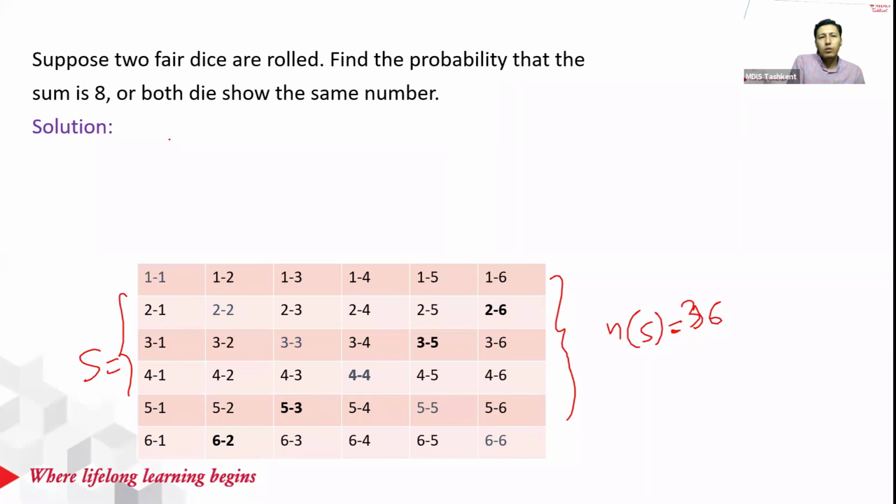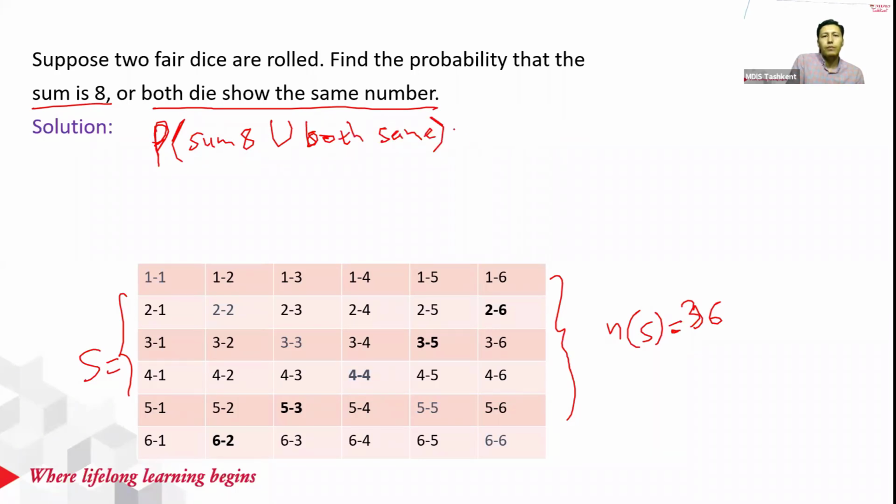Find the probability that the sum is 8 or both dice show the same number. P(sum 8) plus P(same) minus P(sum 8 and same).